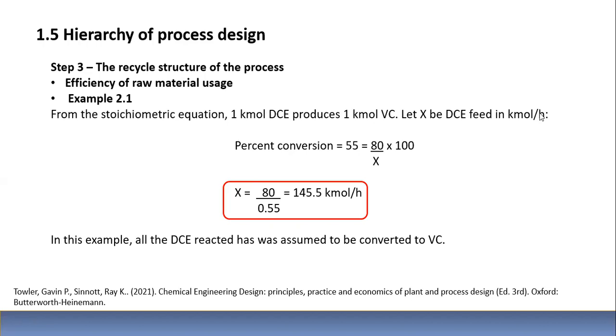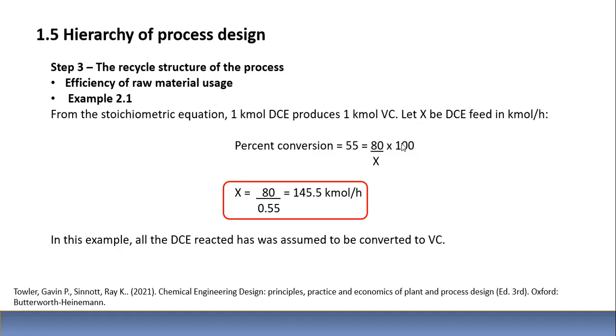Let X be dichloroethane feed in kilomoles per hour. So the conversion is 55%, and we are aiming for 80 kilomoles per hour of vinyl chloride. So we're trying to obtain X. X will be the amount that will need to be fed if we know we are limited by 55% conversion.